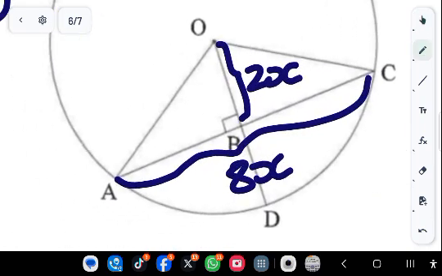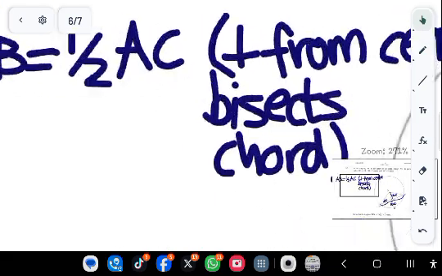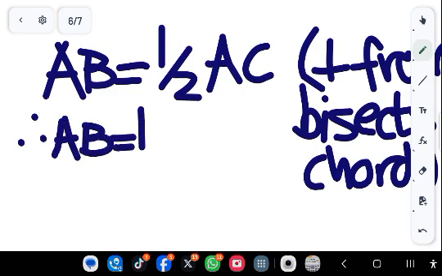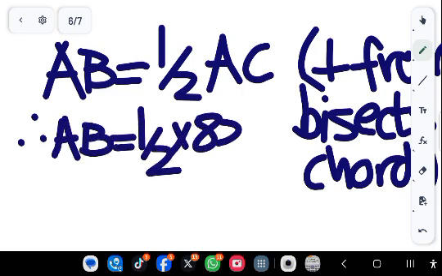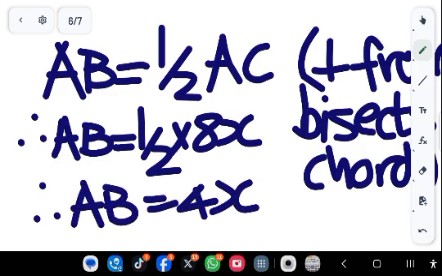So meaning that if AC is equal to 8x, therefore AB will be equal to half times 8x, which is 4x.